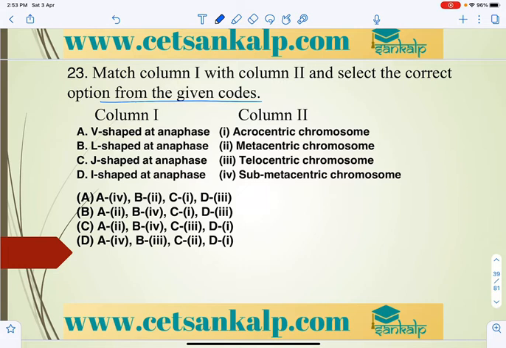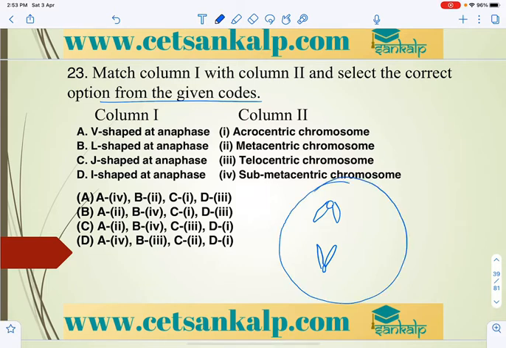So here just now we discussed that during anaphase, chromosomes are going to split and form chromatids, and here sometimes it will be V shape. As we all know, there are four types of chromosomes, that is metacentric. So that is the V shape, and sometimes the submetacentric.